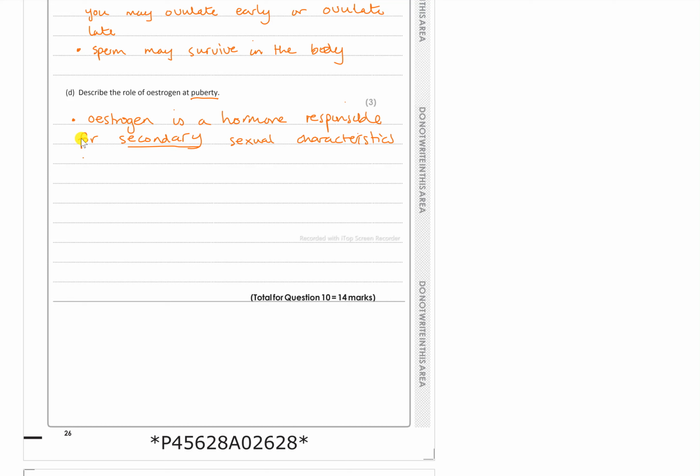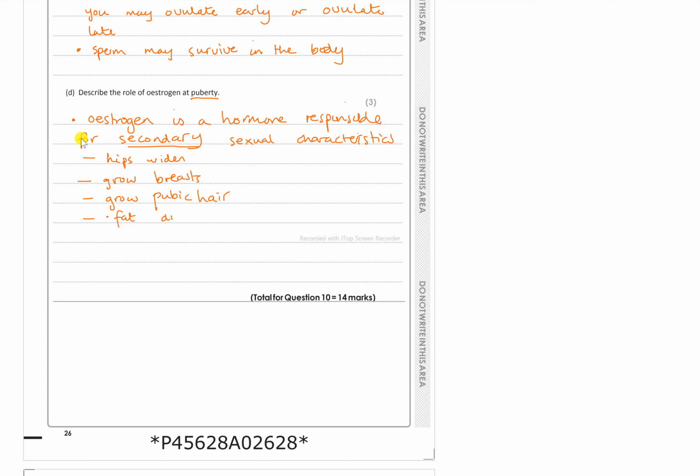So what do they mean by that? This is what happens: women, their hips widen, they grow breasts for feeding the baby, they grow pubic hair and body hair, and the fat in the body is distributed to other parts.